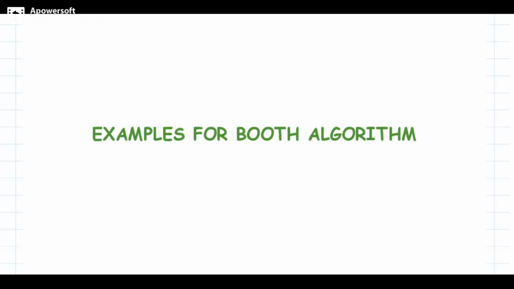So we have to consider individual bit qi as well as qi minus 1 and we have to compute the bit recoded multiplier. So we know that if bit i is equal to 0 and bit i minus 1 is also 0, then the version of multiplicand selected by bit i is equal to 0 into m.